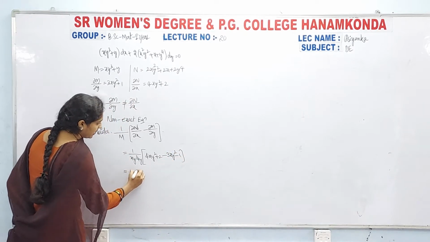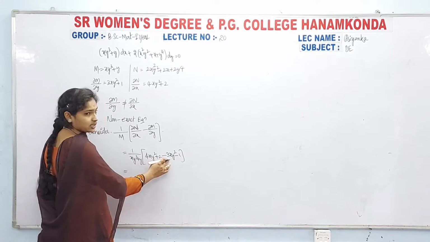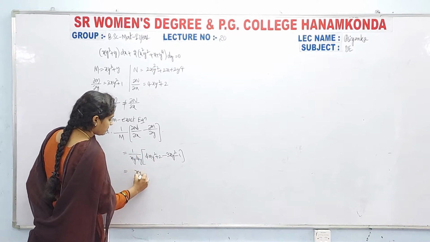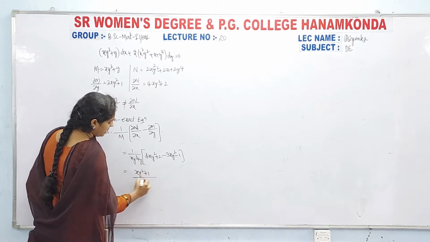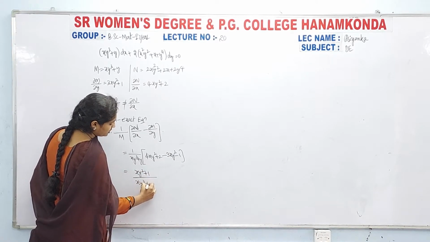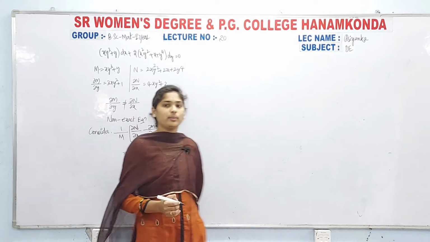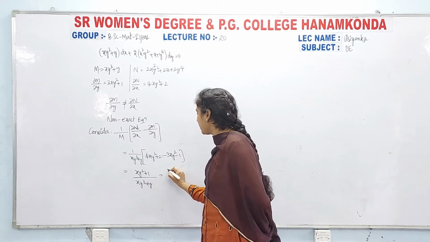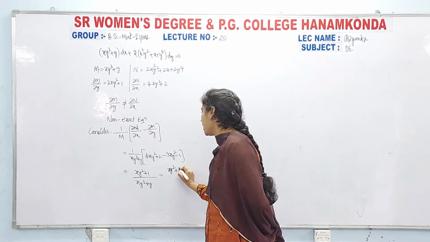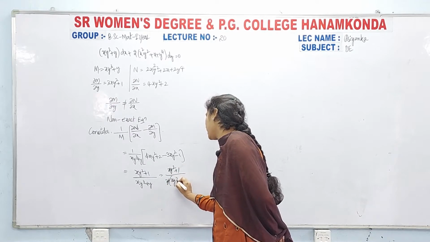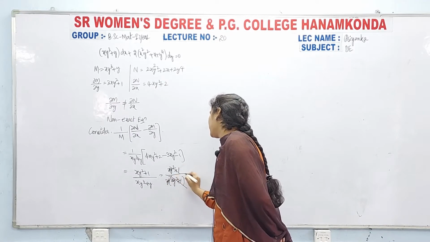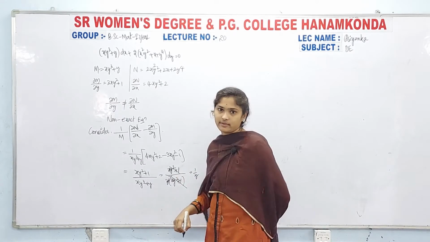Now 4xy square minus 3xy square gives xy square, and 2 minus 1 gives 1, so we get xy square plus 1 over xy cube plus y. From the denominator we can take y common, giving y times xy square plus 1. Both xy square plus 1 values cancel. Now we have 1 by y.